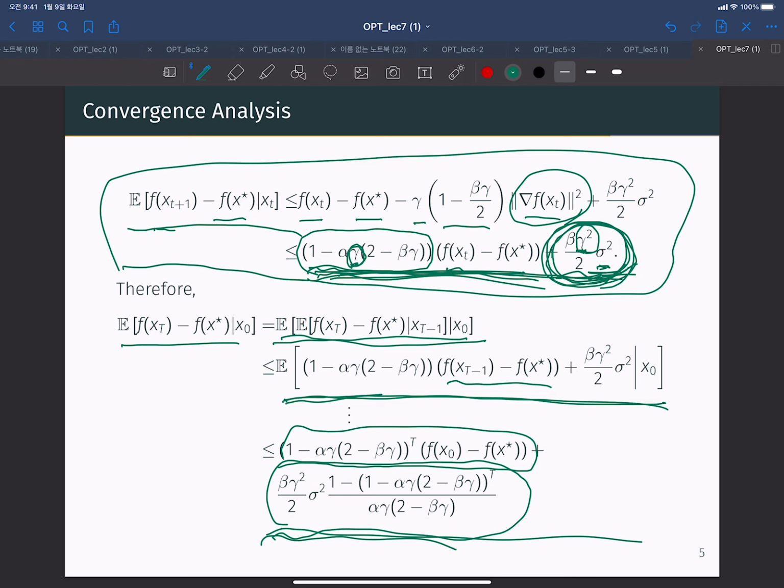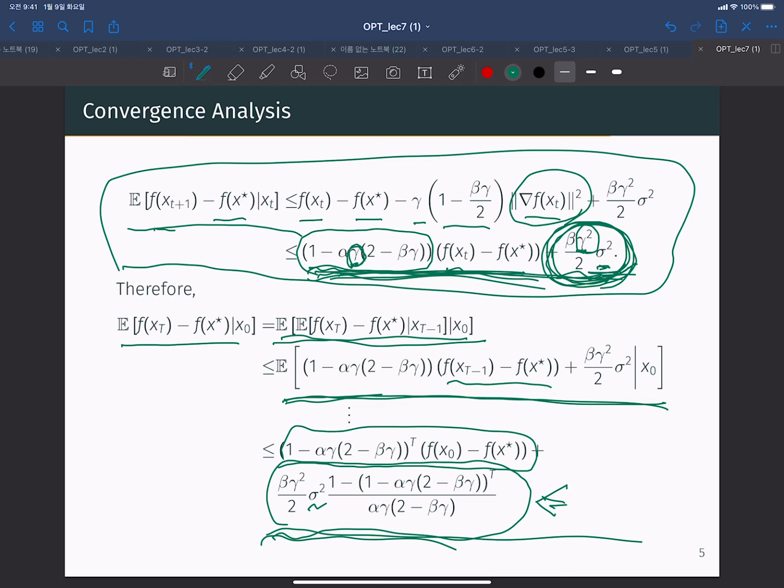So when you have high sigma square, what's wrong? You have high error. You have problems. You cannot find the exact solution x* using the stochastic gradient descent algorithm.